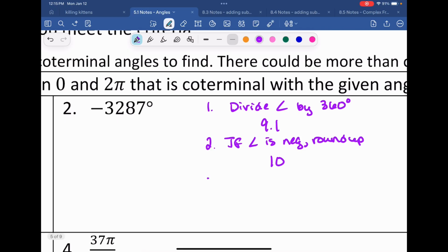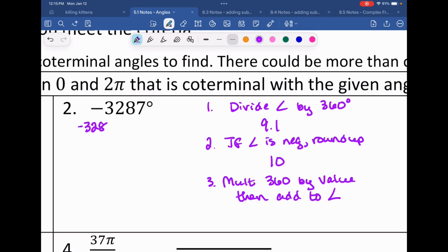Okay, multiply 360 by your value. Then add to angle. Okay, so let me show you what that means. We did negative 3287 divided by 360, and we got 9.1.